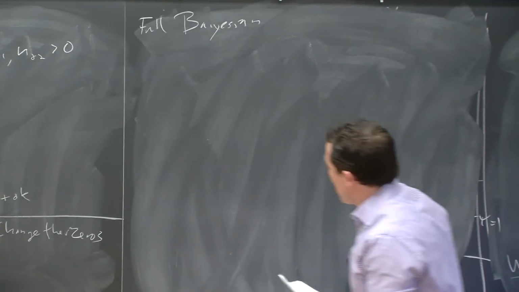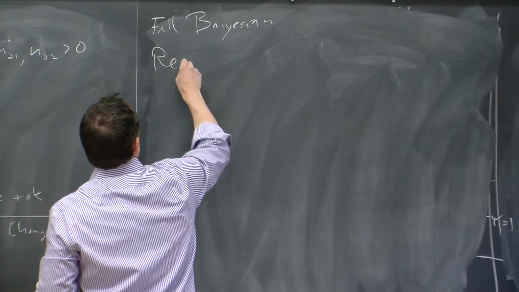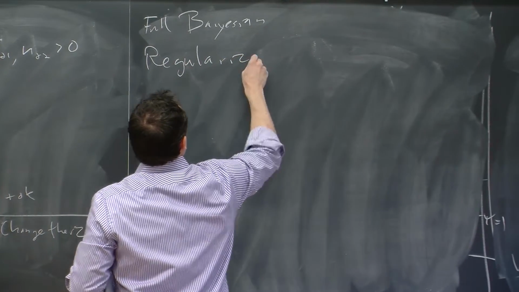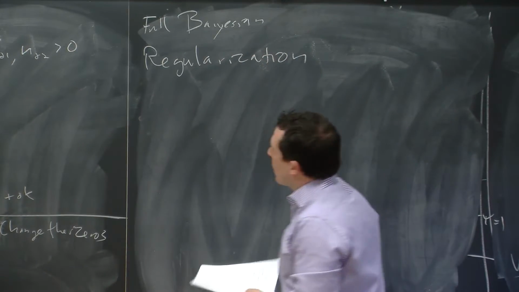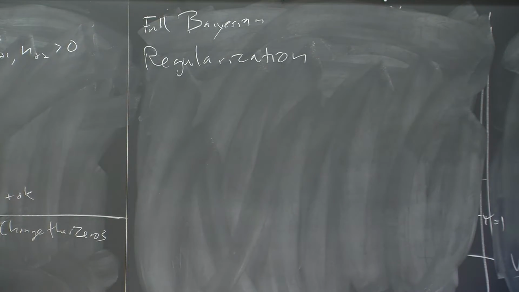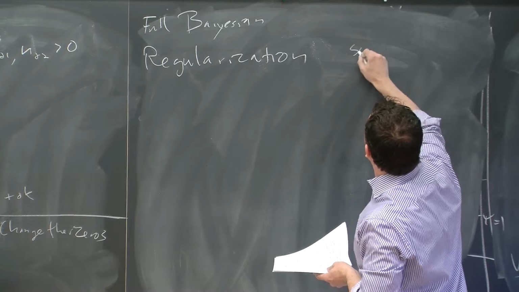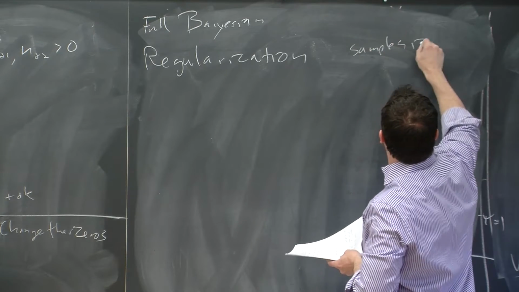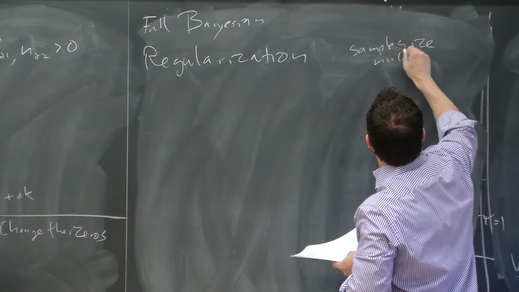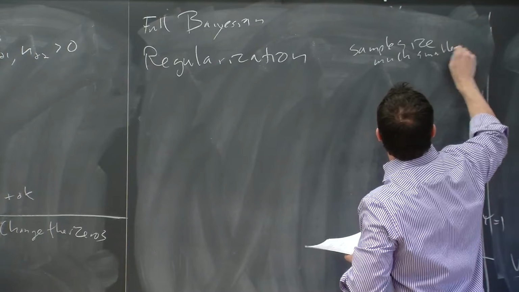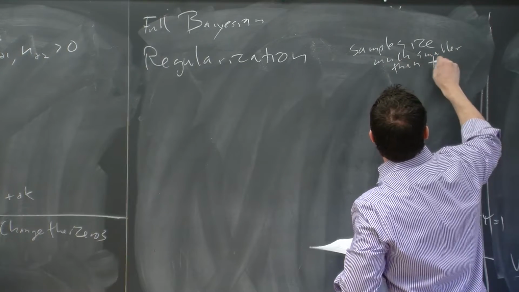So we could use a full Bayesian approach, or a regularization approach. The regularization approach has been extremely successful in dealing with the situation where the sample size is much smaller than the number of cells.